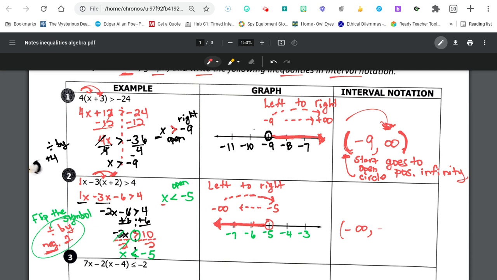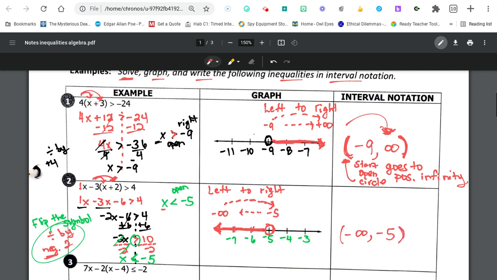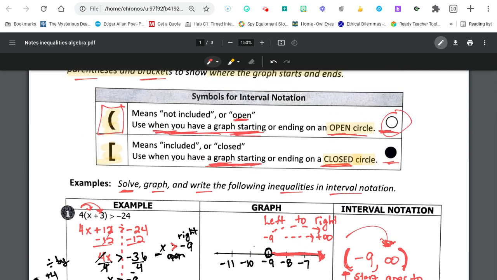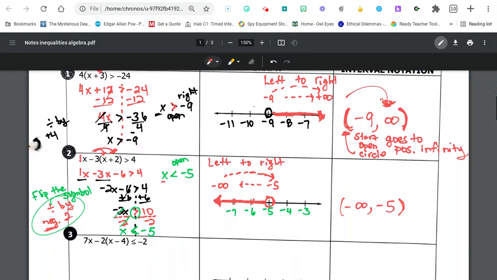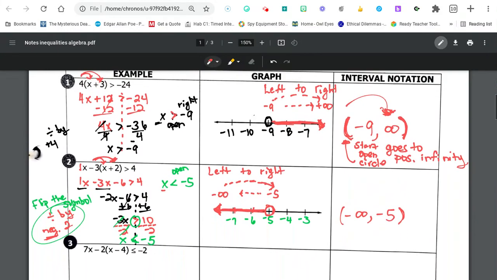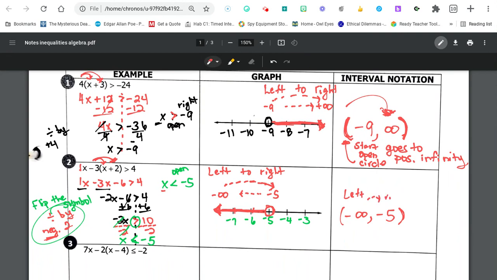And it approaches to the right to -5. And -5 has an open circle. So we're going to do parentheses. Remember, parentheses and open circle on the graph go together, okay? So yeah, let's just stick with left to right. Read the graph from left to right, and that will help you with interval notation. Left to right.